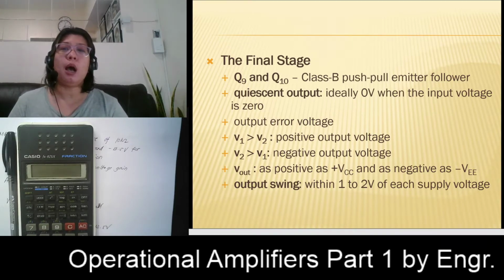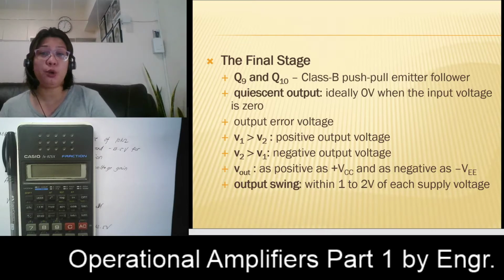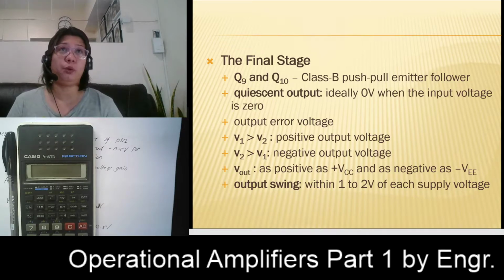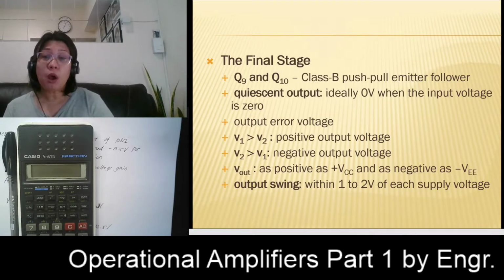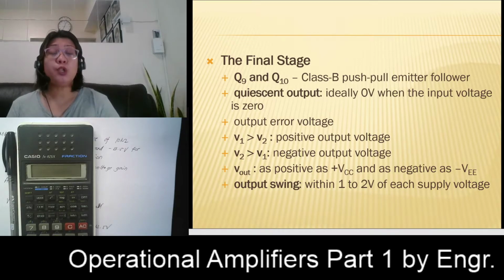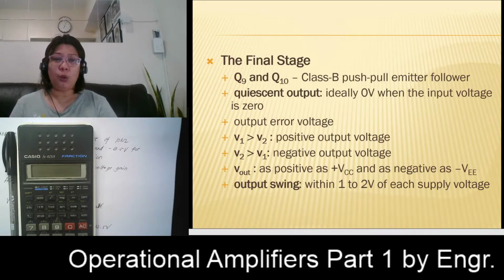When your V1, your non-inverting input, is greater than your inverting input, we are expecting a positive output voltage. However, when your inverting input is greater than your non-inverting input, we are expecting a negative output voltage. Your output can be as positive as VCC and as negative as VEE.